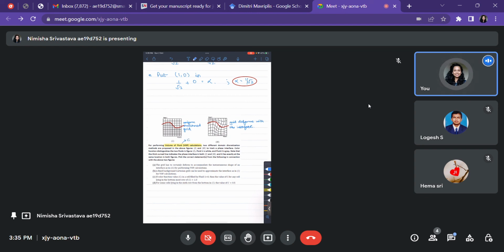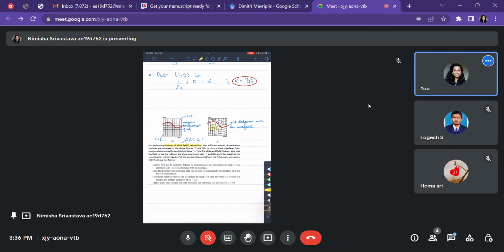It tracks a color function, whatever we spoke about in the previous question. So basically, the C function is somewhere between 1 and 0. Right? So let's say this would be C equals 0, and this would be C equals 1.